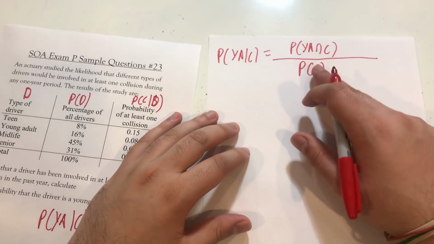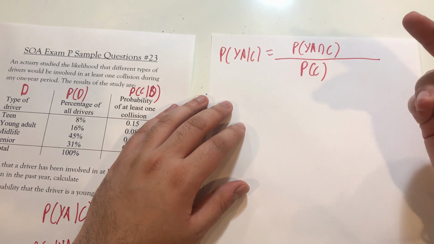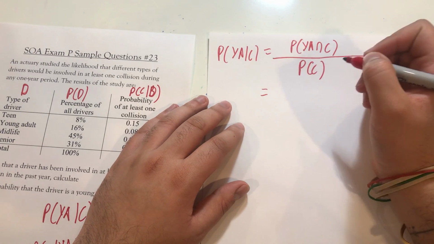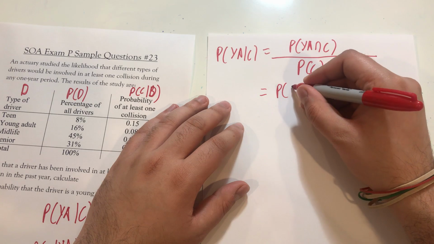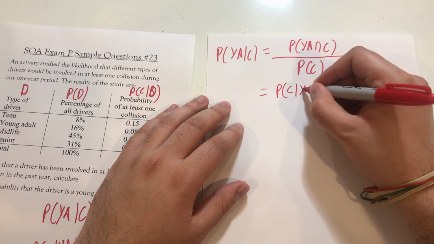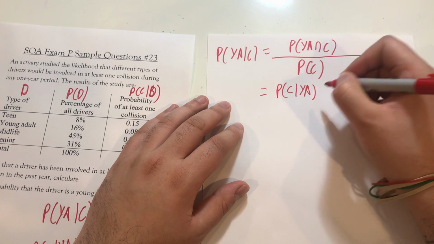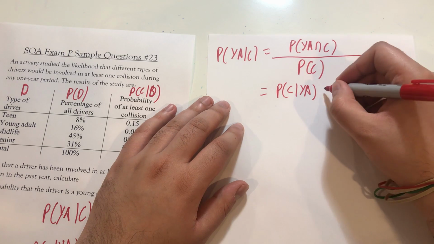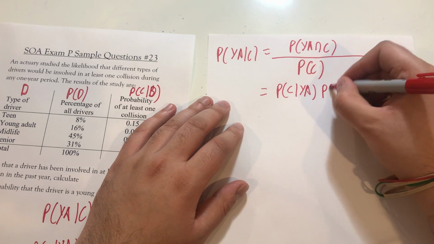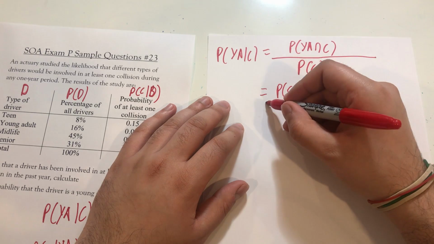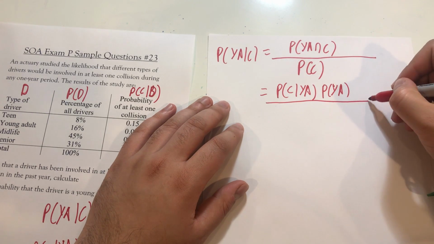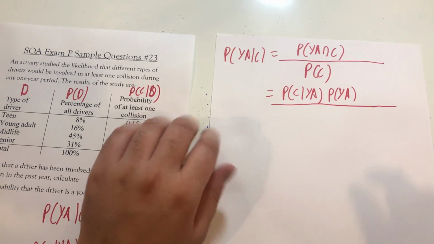So the probability of being a young adult and being in a collision is actually equal to the probability of being in a collision given that you're a young adult, multiplied by the probability of being a young adult. And this is going to be divided by the probability of being in a collision.